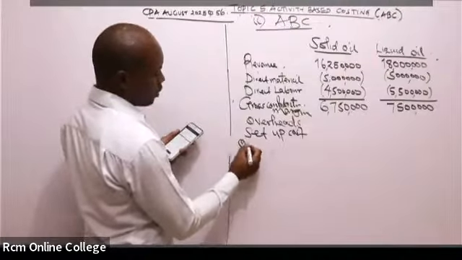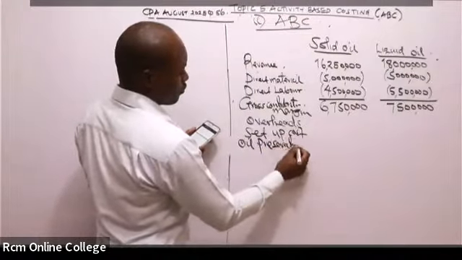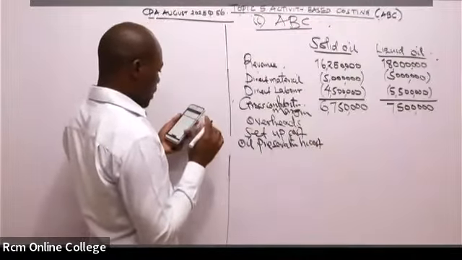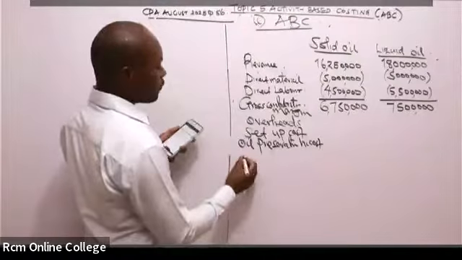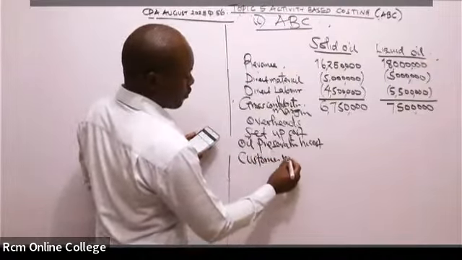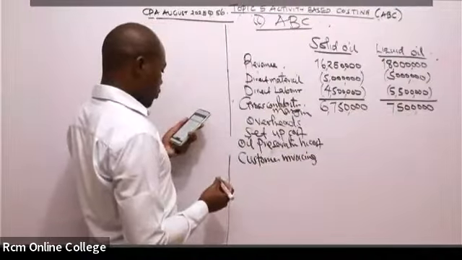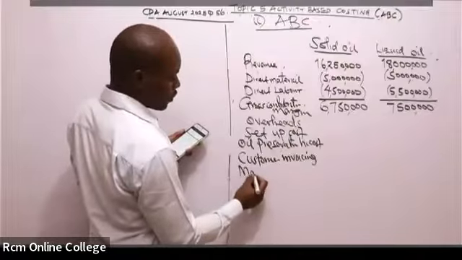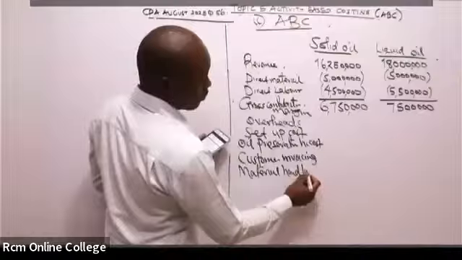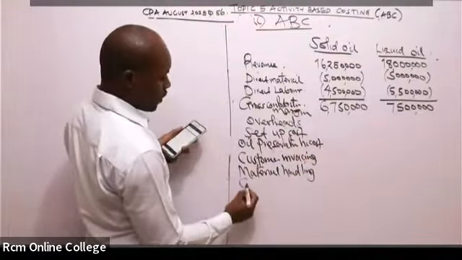Then customer invoicing cost. Then material handling cost. Then general overheads.